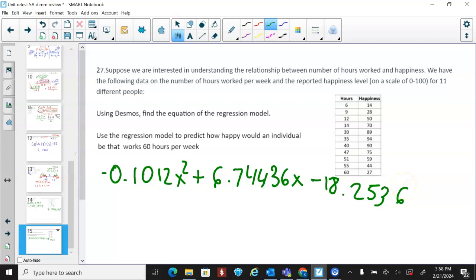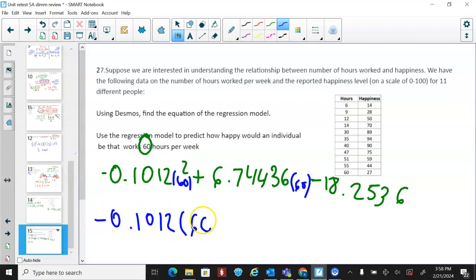Now it's asking you, use the regression model to predict how happy an individual would be that works 60 hours a week. So we're going to take this and plug it in, and instead of this x right here, okay, and instead of this x, we're going to put a 60 there, okay, and square it, and then we're going to put times 60 here, and we're going to put it into the calculator. And when you put it into the calculator, you're going to have negative 0.1012 times 60 squared, and then plus 6.74436 times 60, okay?